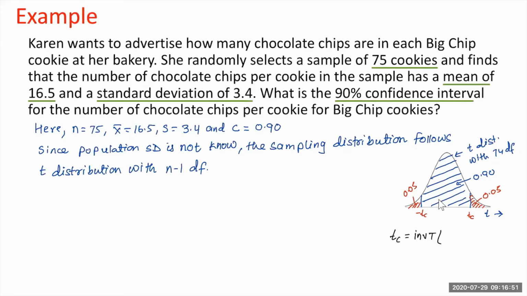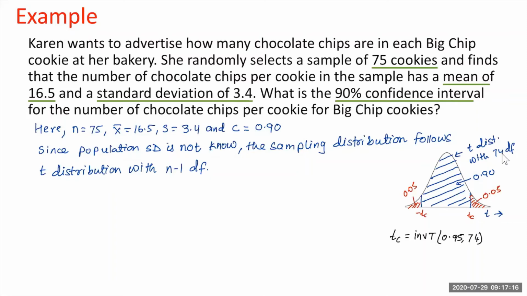You can see this is 90% area and this is 5%. So 0.90 plus 0.05 is 0.95. That is the area to the left of t sub c. And then you need the degrees of freedom, which is 74.